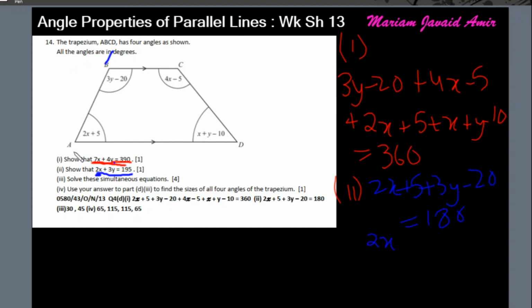Part 3 says solve these equations simultaneously. So we'll write 7x plus 4y equals 390 here, and 2x plus 3y equals 195.